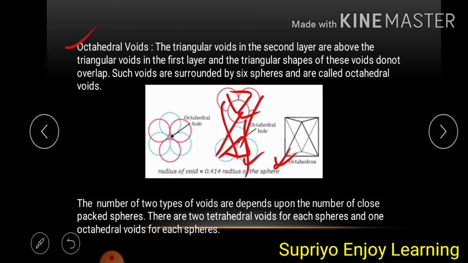That is, if the number of close packed spheres be n, then the number of tetrahedral voids will be twice n. And if the number of close packed spheres be n, then the number of octahedral voids will be n.